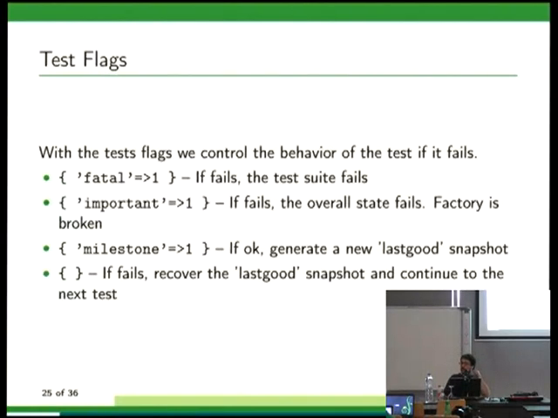And we are using one general label, one general tag that is lastgood to store the point where the last test was okay. And if we don't return anything, we are saying to openQA that if this test fails, mark the test as a fail and do a rollback to the last good snapshot. So that means that the next test will be a big moment.